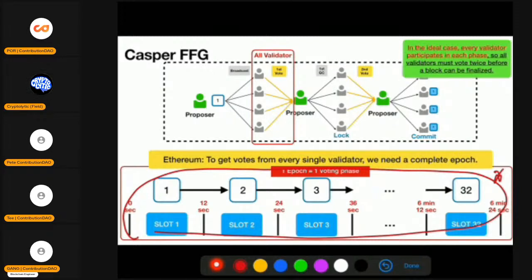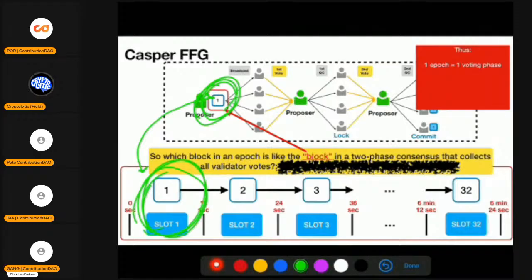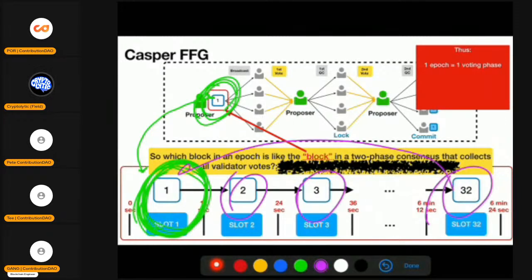But if you remember, only the first block is going to correspond to the block in this picture. Why is that? Because only the first slot, I mean the first block in the epoch, is going to receive all of the votes from all of the validators in the epoch.